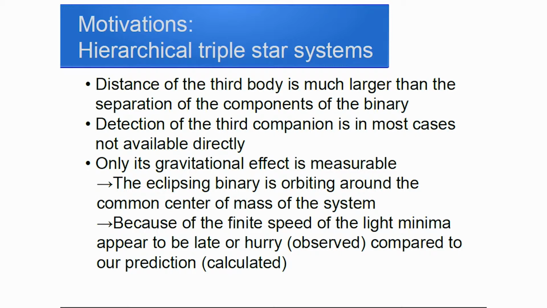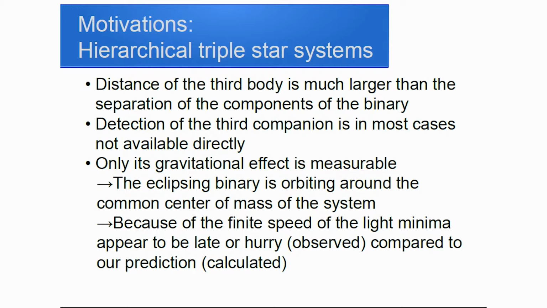If it makes eclipses, then we are able, but that's not the usual way. How can we check whether a component belongs to these systems or not? For example, there are double eclipsing binaries where there isn't any connection between the systems, they are just in one direction. So only the gravitational effect is measurable.